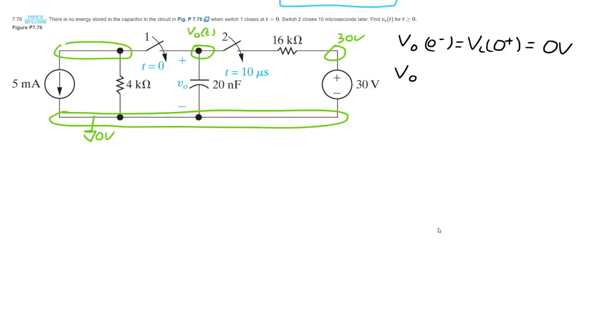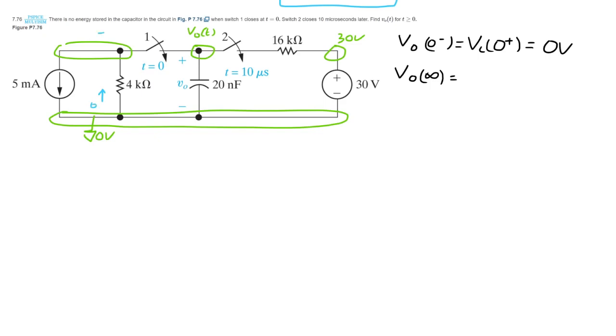Now, VO infinity: if we pretend that this switch doesn't exist and we just analyze all this, it is going to be the voltage drop across the resistor, but flipped. So we have current going in this way, and this is 0.